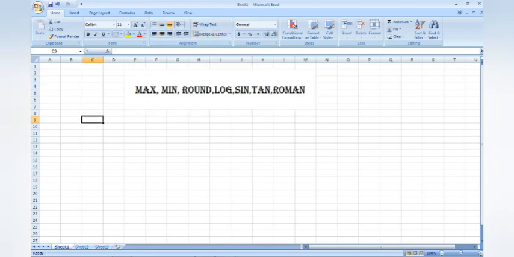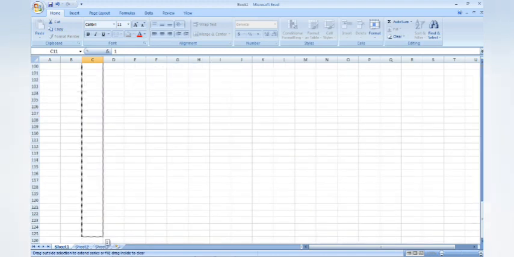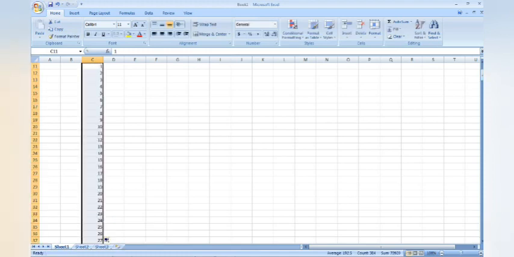So let's start from the right hand side, the Roman formula. So as we all know, for instance, we have a series of numbers from 1 to let's say 50. But the formula is applicable no matter the number.